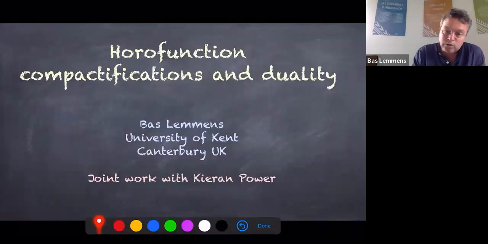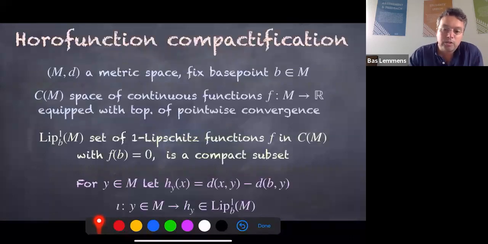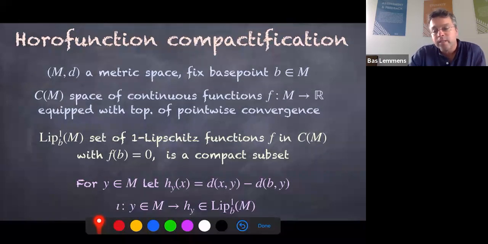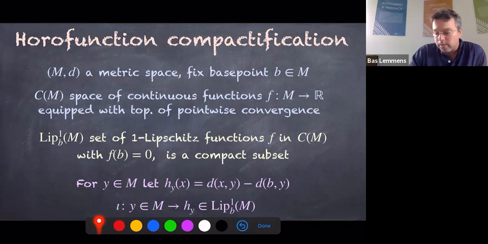Okay, so just to make sure we're all on the same page, let me begin by recalling the Horofunction compactification, and I'll follow basically the setup done by Rieffel. So we start off with a metric space.